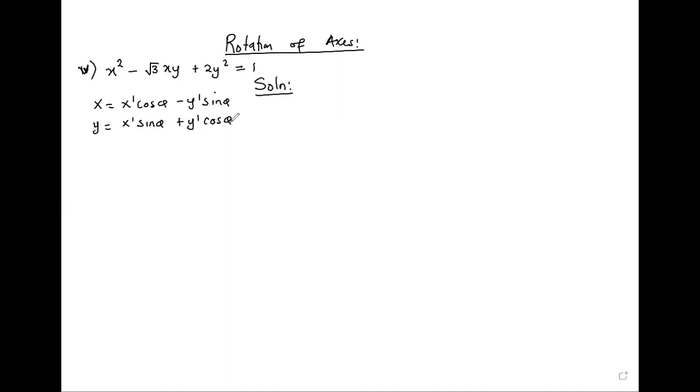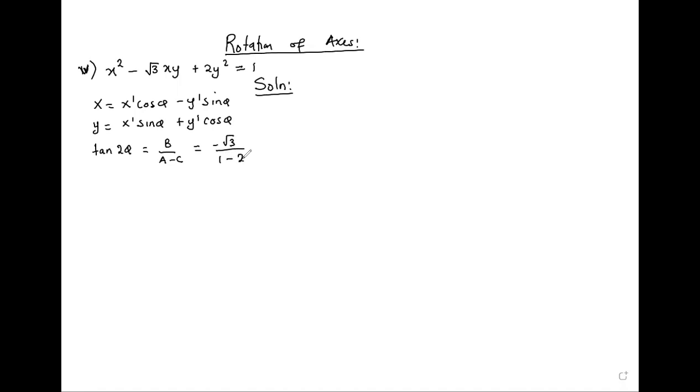Then for the angle, we can use tan 2 theta is equal to b over a minus c. So b is the negative root of 3, a is 1, c is 2.